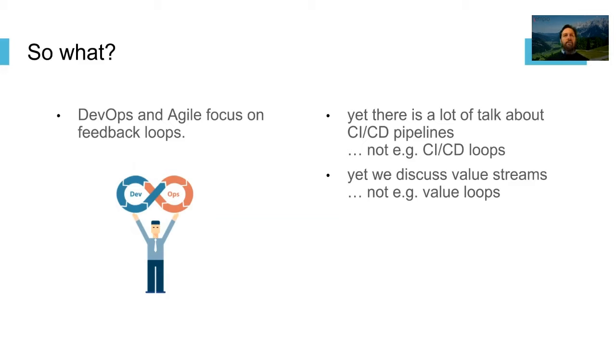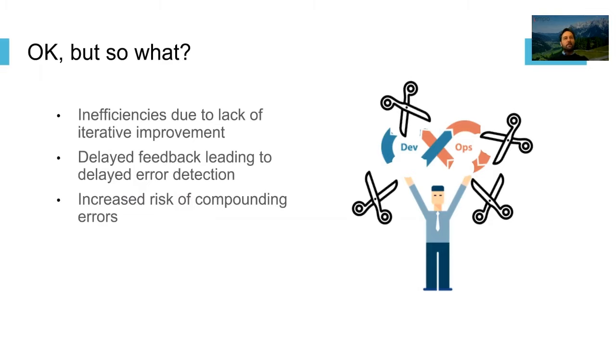But the problem is that words matter, and the way you think about what you are doing and how you're doing it will change how you actually do it. So, of course, we all know that if you don't have enough feedback, you will become inefficient. You will not be able to successfully work iteratively.